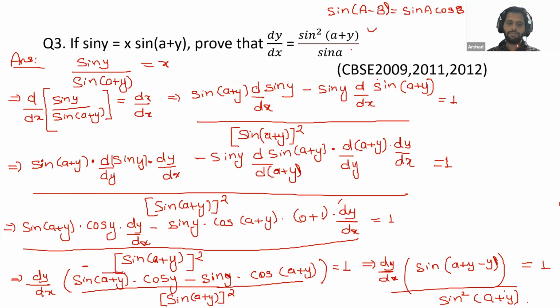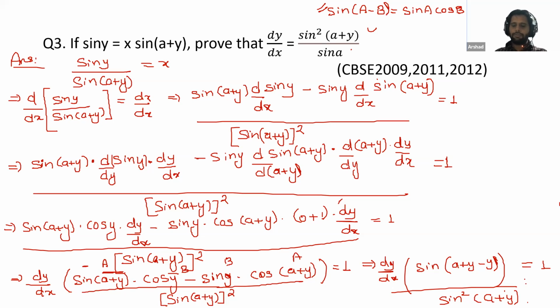So Umair, can we say that as per the formula, this is A and this is B? Please match this expression with the formula sin A cos B minus cos A sin B. Can we say that with sin you have a capital A, with cos you have a capital B? Is it correct? Yes. So we have just taken this as A and this as B, and put the formula sin(A minus B), that is (A plus y) minus y. In the denominator, we have the same term.